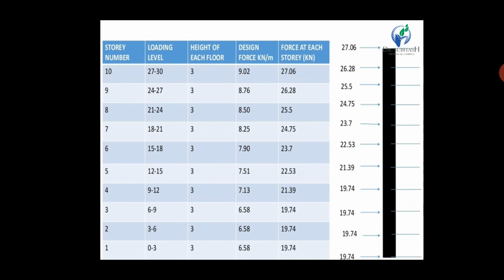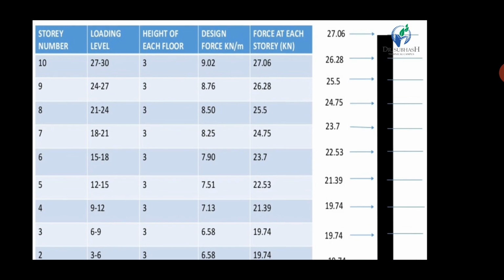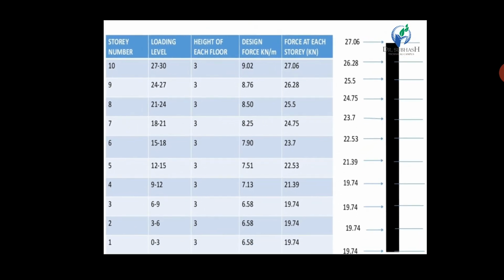It is constant at 19.75. As our height rises above 10 meter, it increases very gradually: 21.39, 22.53, 23.7, 24.75, 25.5, 26.28, and the highest is 27.06. You can see in the figure that the force acting on each story is different.